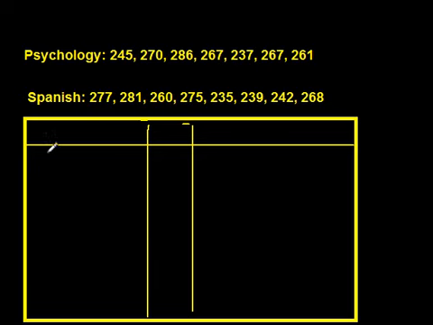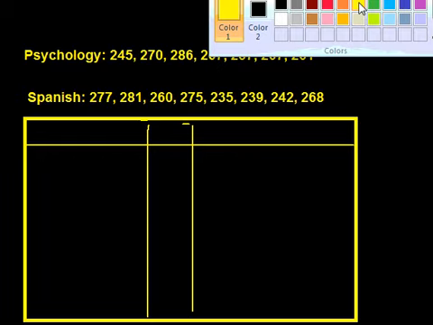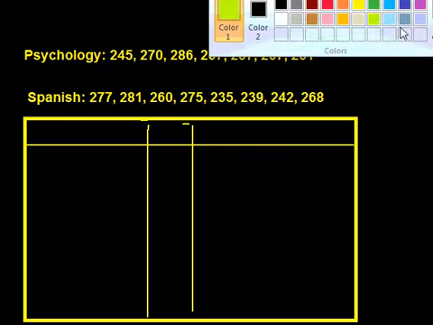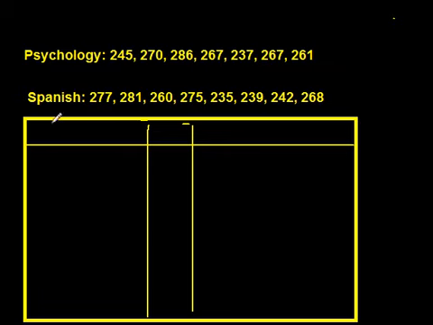Now the first thing I need to do before I even start writing information down is choose my color and say, guys, we're going to call this the psychology course.